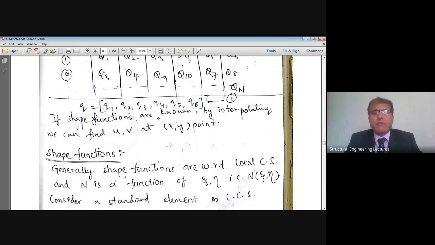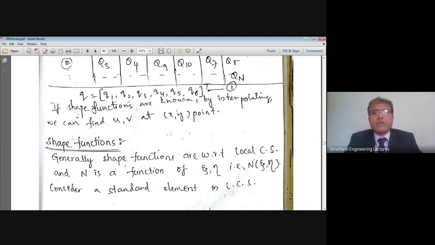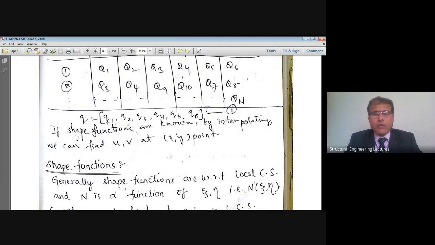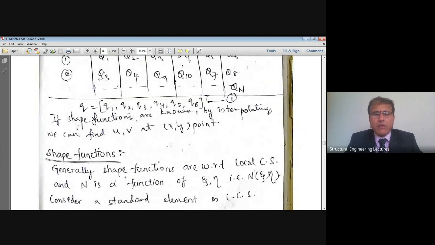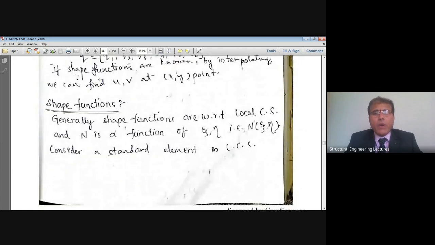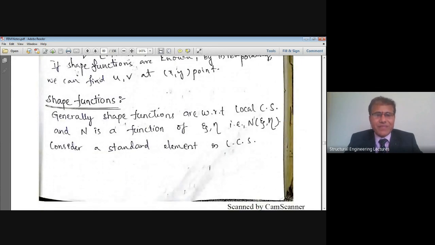Let us say this is equation 1, and now I need to find the displacement u, v at a point P. Therefore, how to get that? For this I require shape functions.